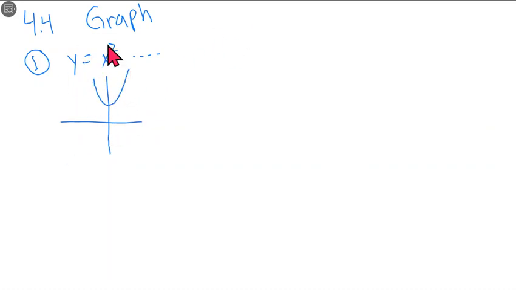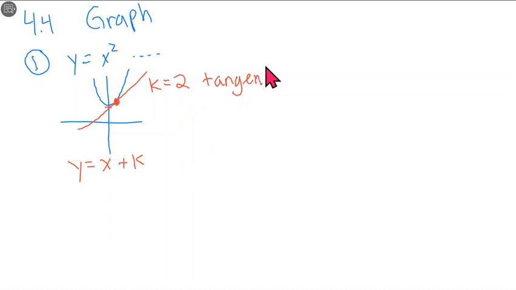And I'm going to look at the equation of a line, y equals x plus k. And we talked about different types of solutions. Tangent, which is touching in one point. So let's just say k equals 2. This creates a tangent solution because it touches once.